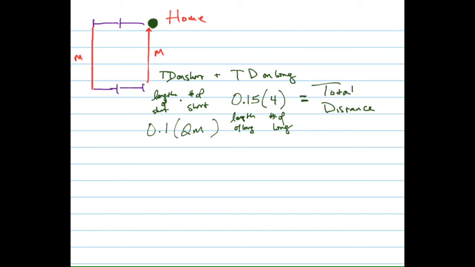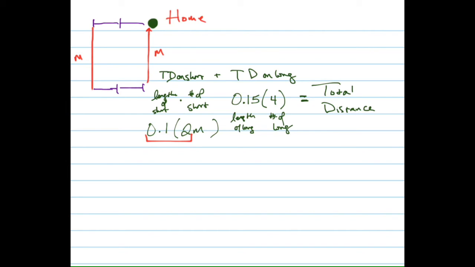Now this is a little bit different than the book. That's okay. Just follow along with me. Because we ran M south and then M back north for a total of 2M. Right? So if we simplify our equation here, what's 0.1 times 2M? Just multiply the 0.1 and the 2. What's 0.1 times 2?